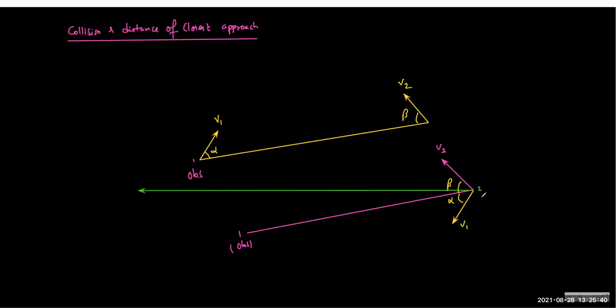Any component which is perpendicular to that line must be zero effectively. It means for collision purposes, we draw a line which is perpendicular to the line joining the particles. That's the first thumb rule.